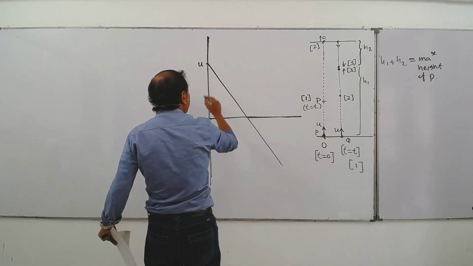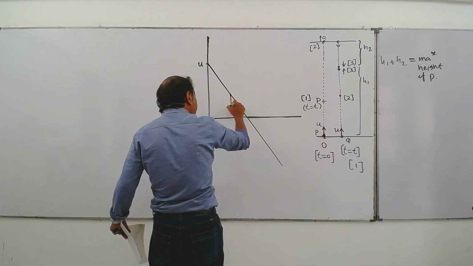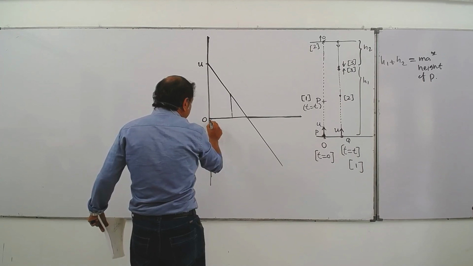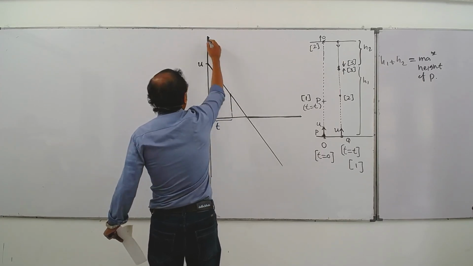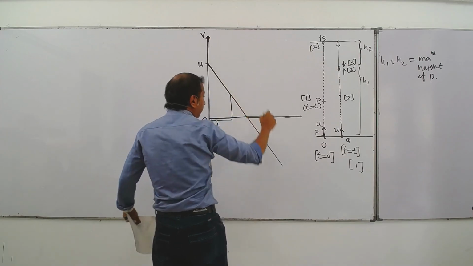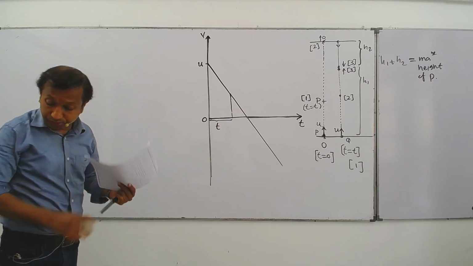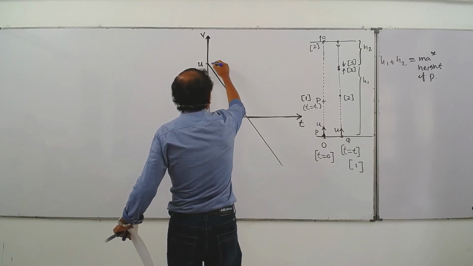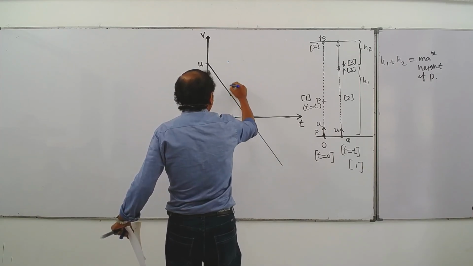After time t, we are not given an exact value for the time t, so I will take this generally as our time t. At this moment only, particle Q is projected vertically upwards from the same point on the ground. So its VT graph I am supposed to draw like this.